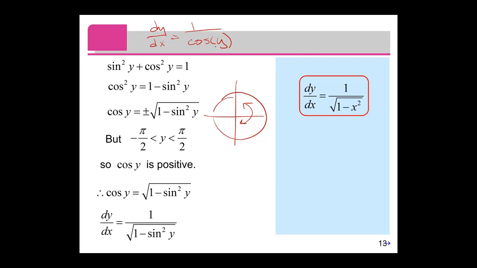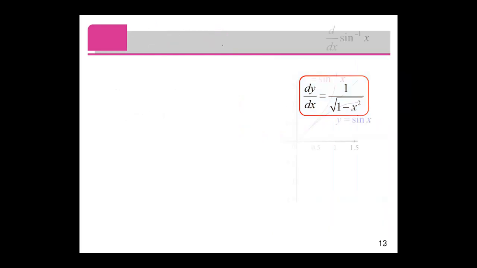So we're just replacing cosine of y with the square root of 1 minus sine squared. Okay? So far, so good? Is anybody lost yet? And then I'll show you one more thing.